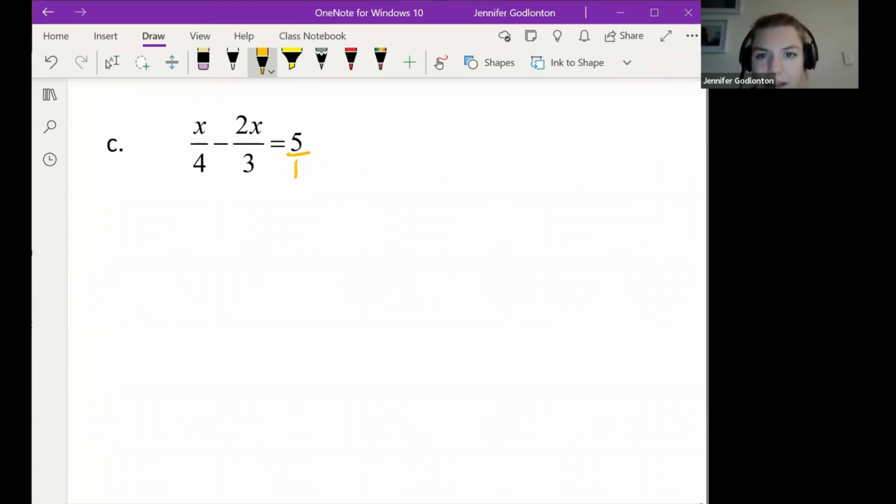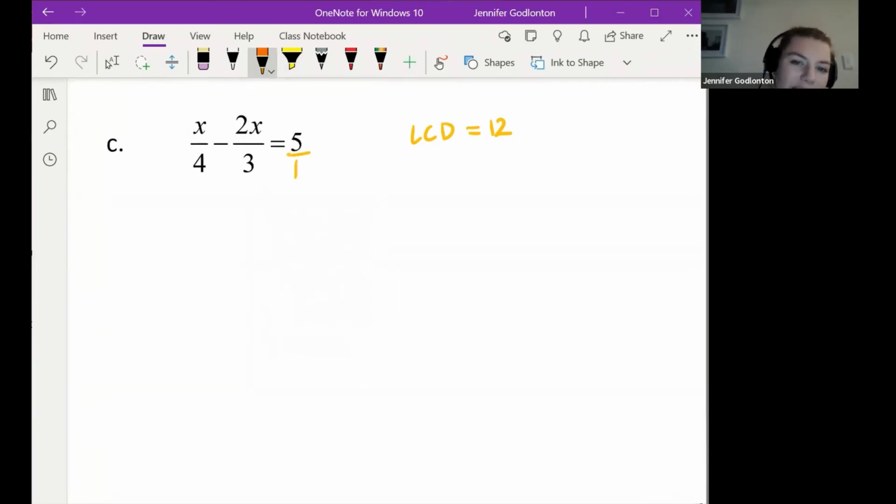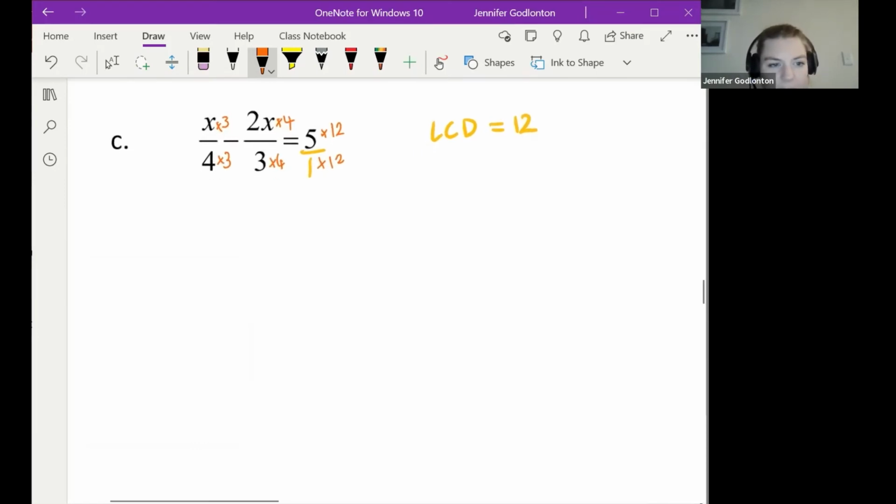Exactly, my lowest common denominator would be 12. So if it's 12, that means I would need to multiply that by 3, I'd need to multiply that by 4, and I need to multiply that by 12. So give this a go.